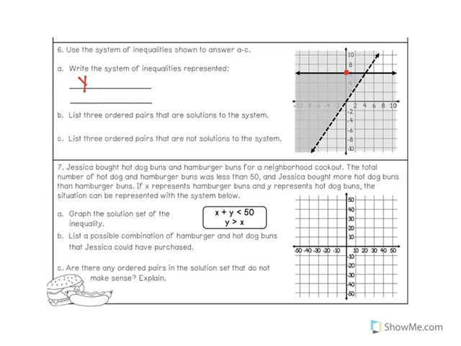So y is less than, and it is equal to, because it's a solid line, so y is less than or equal to 6. Versus when I look at this other one, I can see that it crosses at the origin, and my slope from there is up 1, 2, 3.